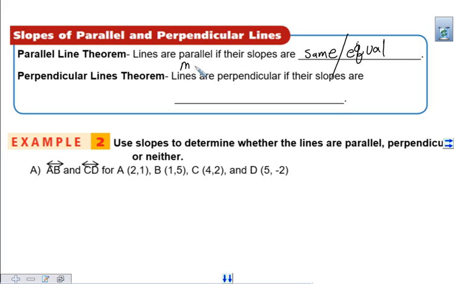Meaning that if you have a slope of one line and it's 2, and you have a slope of a second line, it would also have to be 2 in order to be parallel. Now, perpendicular lines are inverse or opposite reciprocals.